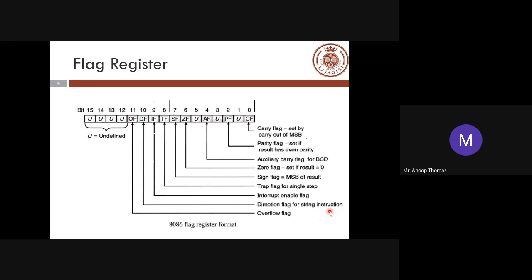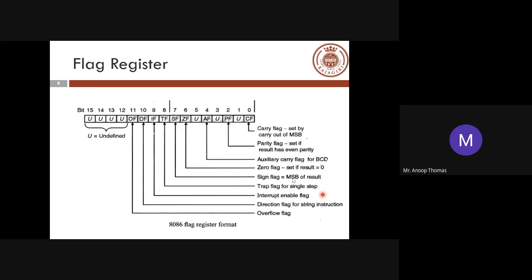Here we are speaking about not only data which comes as numbers, we are also talking about string based instructions which can deal with strings of data, characters of data. So the direction flag is associated with string instructions, that is, whether it's going in, from the particular microprocessor or to the microprocessor. It's related to the string instructions which are supported by your 8086.